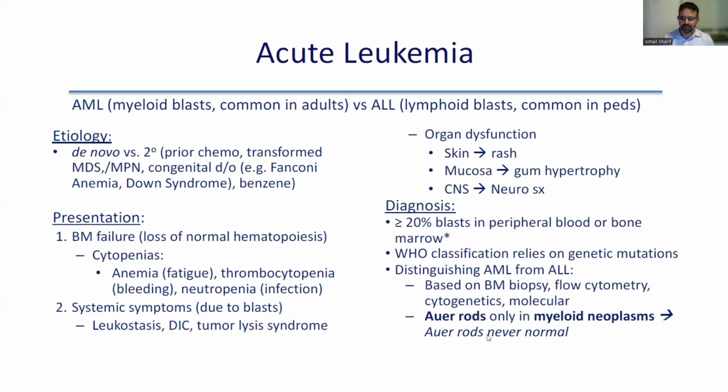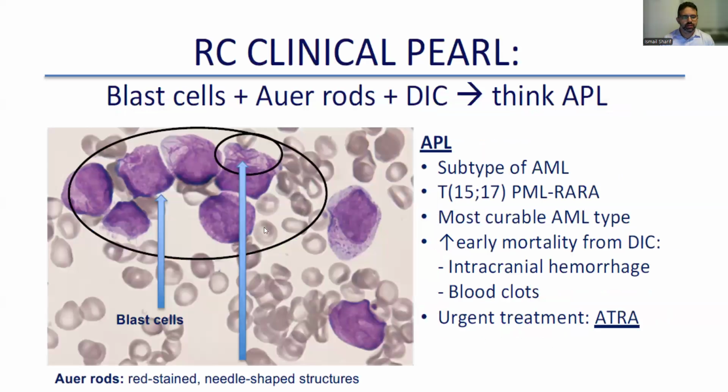Auer rods are almost never normal, okay? These are rods seen in the blasts, an indication of a myeloid disorder. If a patient has Auer rod blasts and issues with bleeding, always think about APL.